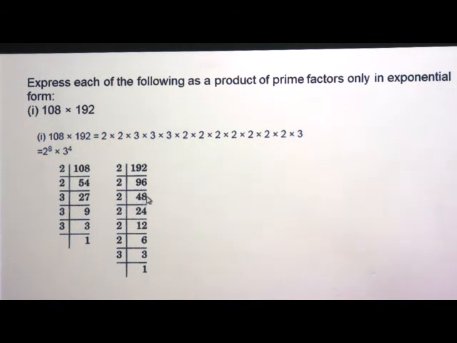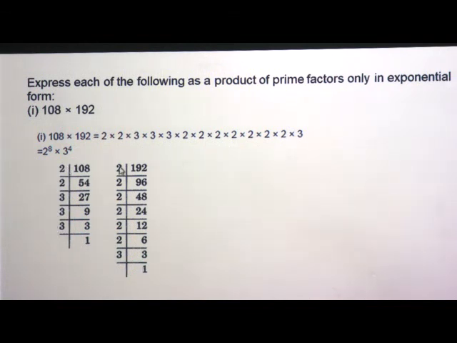Again it is an even number, so we divide by 2 and have quotient 24. Again it is even in the ones place, so we divide by 2, and the quotient will be 12. So, 12 is divisible by 2, so 2 6s are 12, and 6 can be divided by 2, which gives 2 3s are 6 and 3 1s are 3.